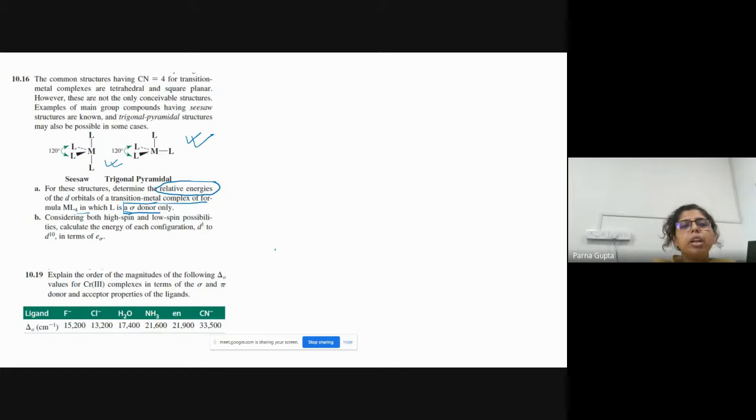So let me give you this problem. You start from ML6 octahedral.